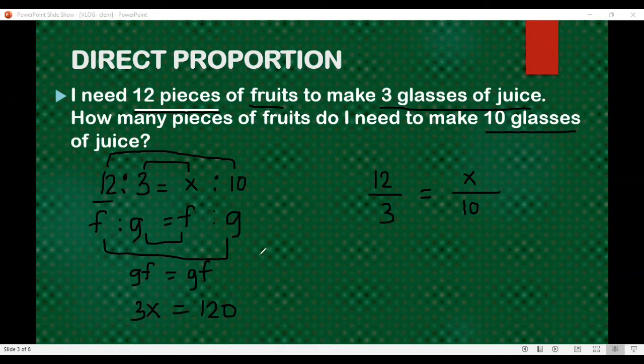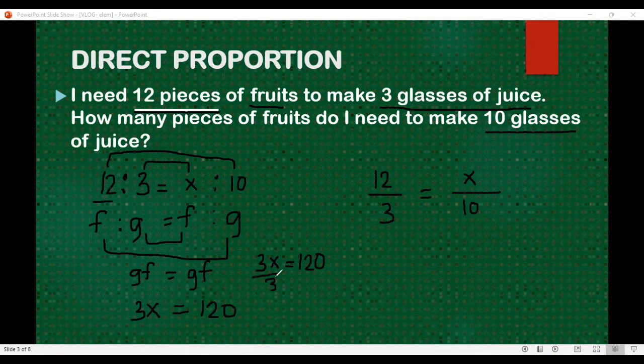Again, we are actually looking for a number that when we multiply by 3, the answer is equivalent to 120. So we can do that by making use of our division property of equality. We divide this by 3.